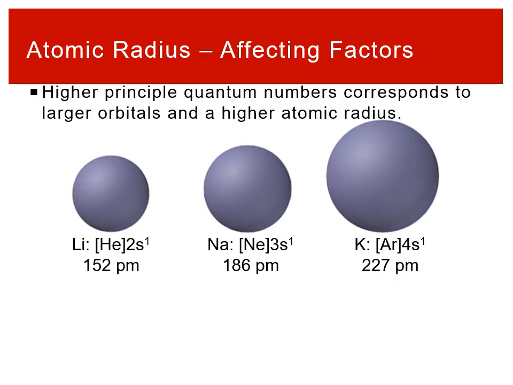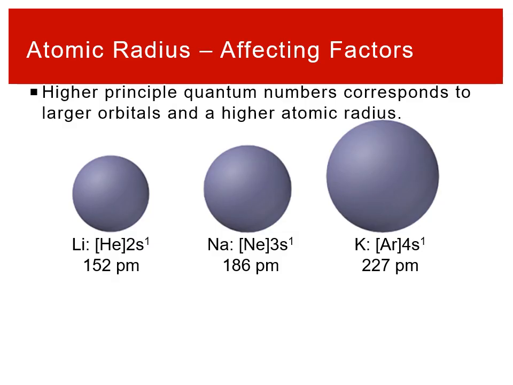Atomic radius certainly is going to vary from one atom to the other. So the question is, what determines the actual size of the atom? The first thing is going to depend on the size of the orbital. The edge of an atom is going to be based on the highest energy orbitals, those valence orbitals on the atom.